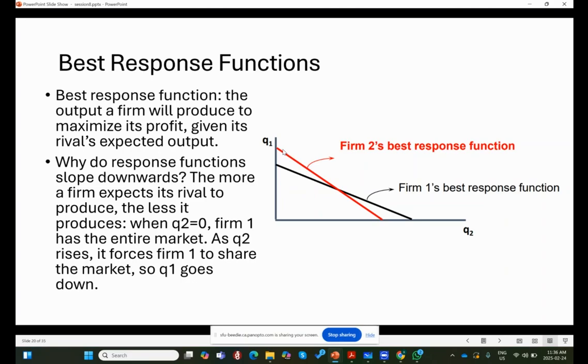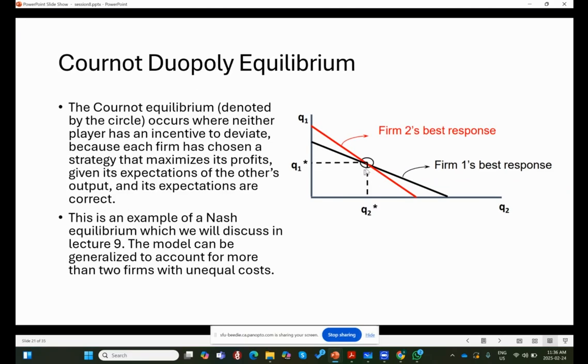Then what would be the equilibrium of this oligopoly market under Cournot duopoly, right? The equilibrium of such a market is where the best response function of the first firm crosses the best response function of the second firm, which is this point of intersection.